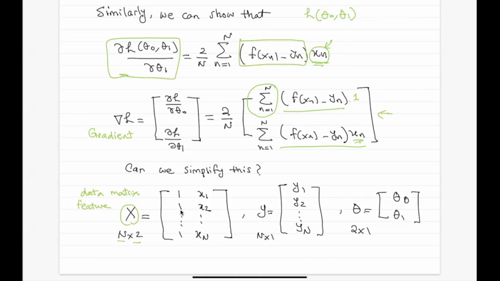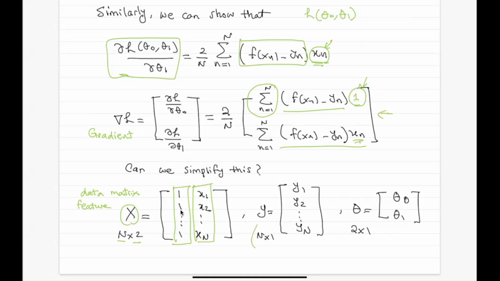So n is the number of data points we have in our training set, and 2 is the number of columns. You can see that we have a column of all ones, and then we have a column of the actual scalar features that we have for each observation. If you're wondering where this one comes from, it has to do with this one that we have here, and we'll explain this.